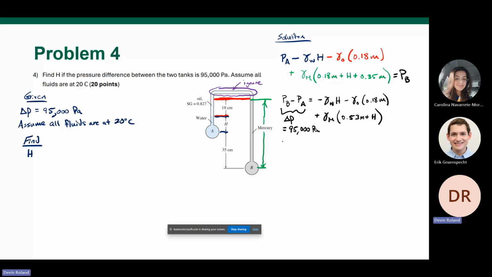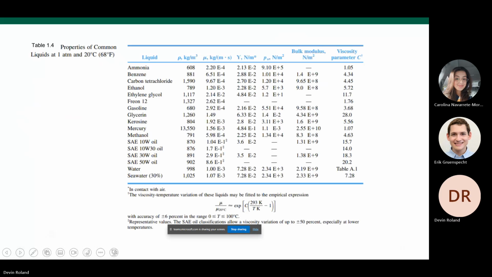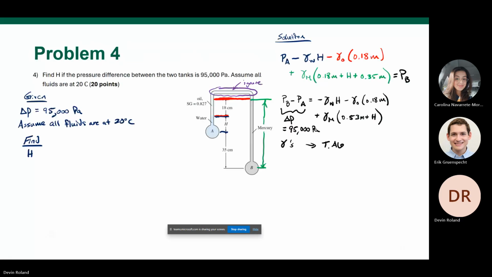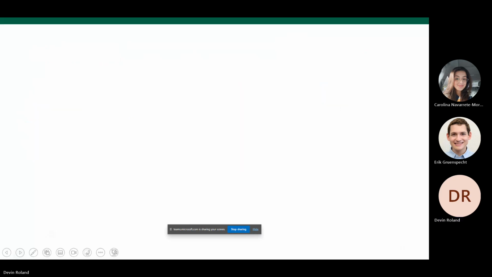So the gamma terms come from the table, and I believe it's table A6. Let me make sure about that. Table 1.4, that's what it is. So table 1.4 is where these values come from.